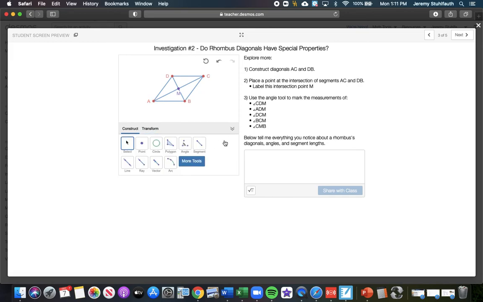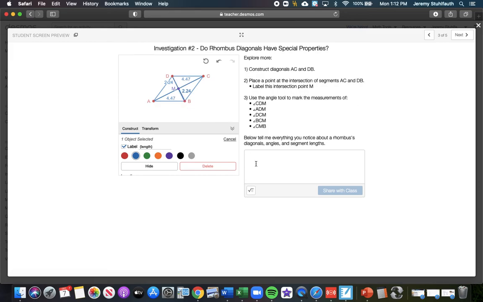If we trace over these segments, we have AM, MC, DM, and MB. Looking at the measurements, AM and MC are both 4.47, and DM and MB are both 2.24. You notice that the measurements from AM to MC are equal, and the measurements from DM to MB are both equal.